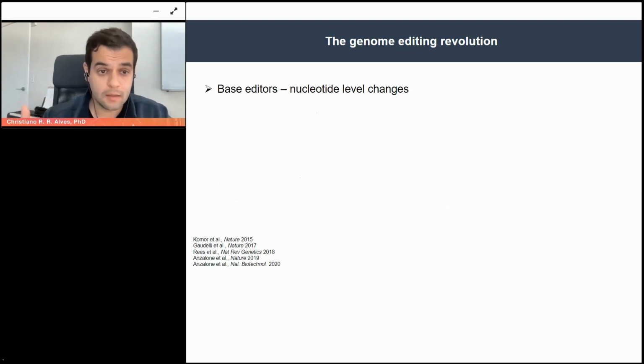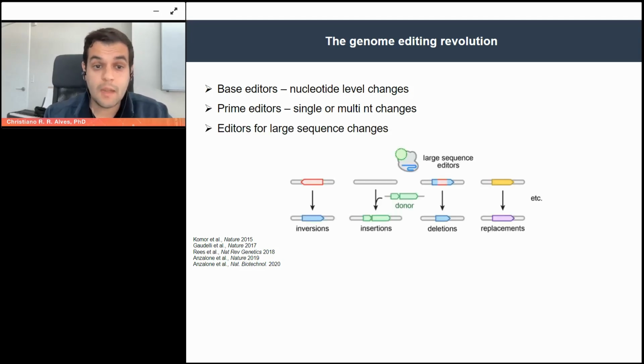However, as the field evolves and grows, new technologies have been developed. The base editors, developed originally in David Liu's lab, are the ones that I will focus on here today, but I also just want to point out that we have other technologies like prime editors and many other labs developing new technology to do precise insertions, deletions, replacements, from a single base to large replacements.